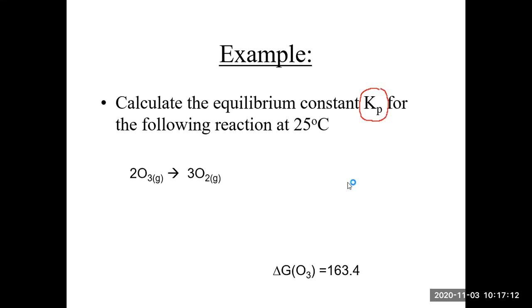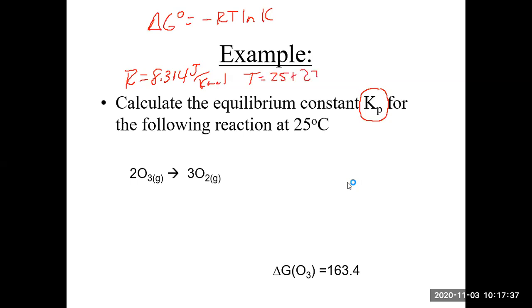So that should point you to the only one that had K in it, which is this one here: delta G naught equals minus RT natural log of K. R is our gas constant, which is 8.314. T here we do need to convert into Kelvin, so we'll add 273 to it.